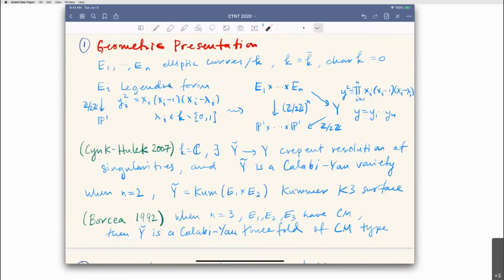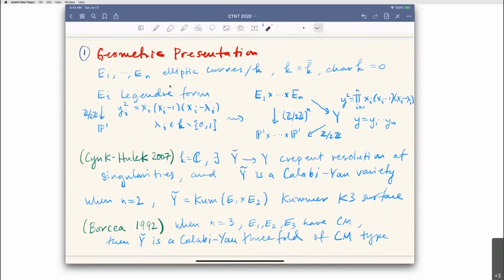Finally, let me tell you where the products of elliptic curves come in. What we do is give ourselves the following situation. We have n elliptic curves. We view each one as a Legendre equation, and then we take their product. The Legendre equation presents our curve as a Z/2 cover over P1 with 4 branch points, and we take the product.